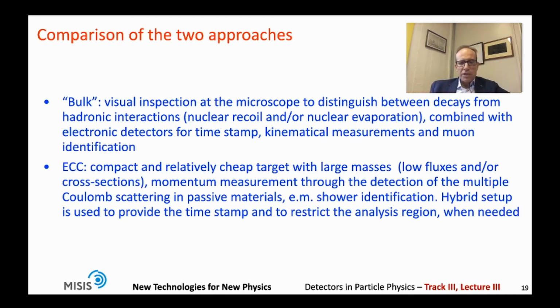The momentum measurement can be done by exploiting multiple Coulomb scattering in the passive material, and you can also use the sandwich of emulsion and passive layers as an electromagnetic calorimeter for the shower identification and the measurement of shower features.